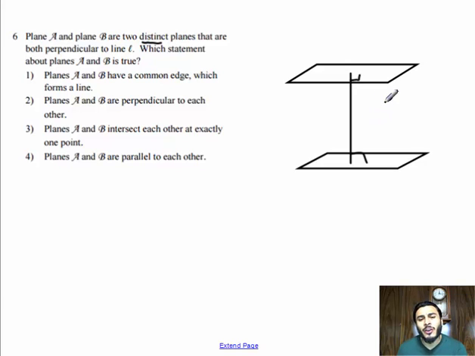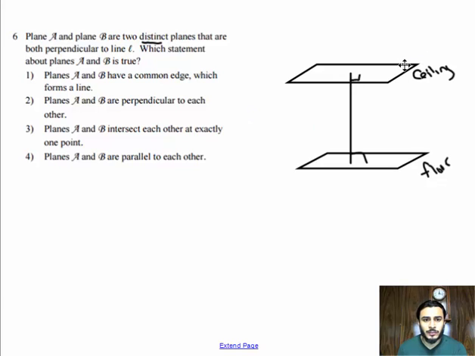Another way you could think about this: think of this as a ceiling, and think of this as a floor. And this is just like a column. Line L is a column that's holding the ceiling up and is attached to the floor. So you know that column has to be perpendicular to the floor.